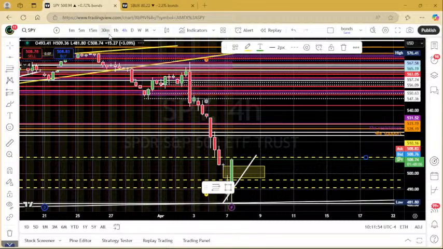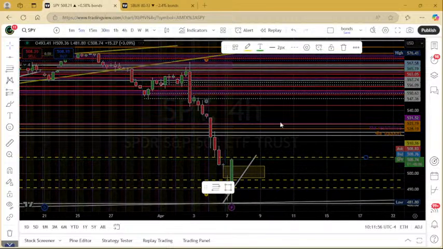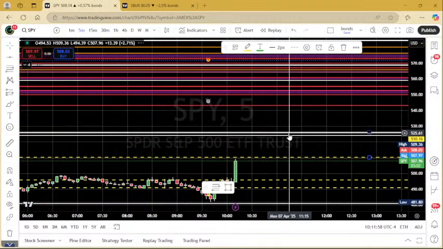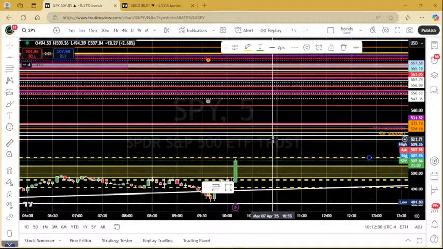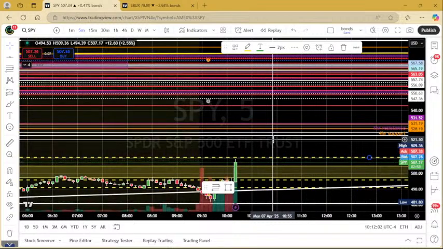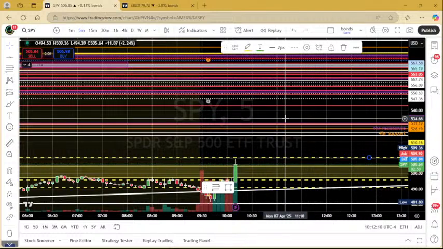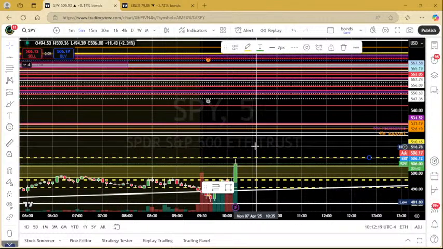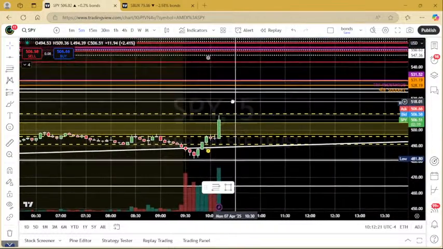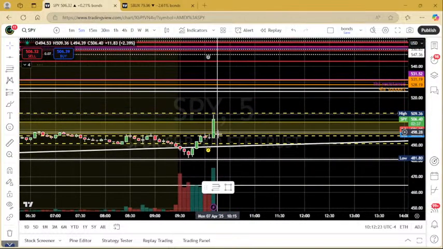And look at this on these charts. Them candles is running. Five-minute chart candles is running.